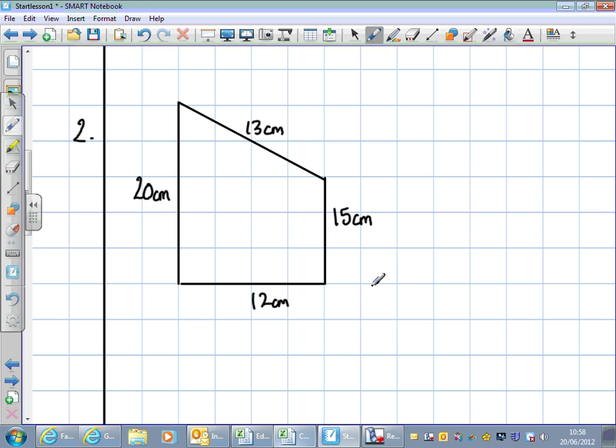Right, we haven't got any missing lengths. So the perimeter is quite a simple thing to calculate. We haven't got any missing lengths where it comes to the perimeter.